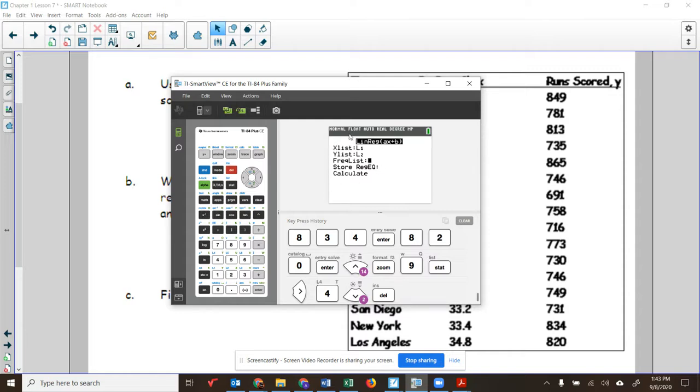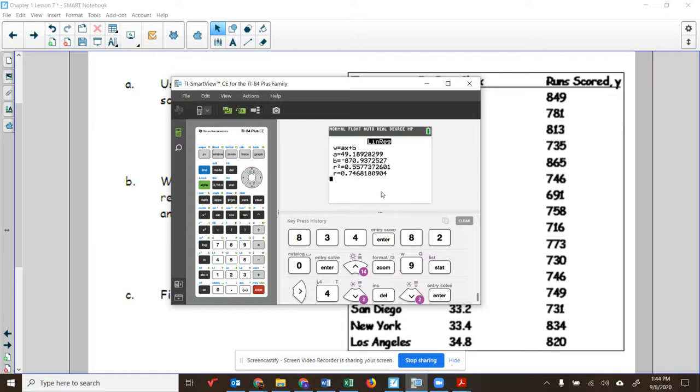If you don't see this menu, talk to me and I will show you on your calculator how to do it, because you have to tell it something different. And then I'm going to go down to calculate, and I get this. Okay, so we would have 49.19x, if I'm going to round to 2 decimal places, minus 870.94. Okay, and I'll write that down in a second.